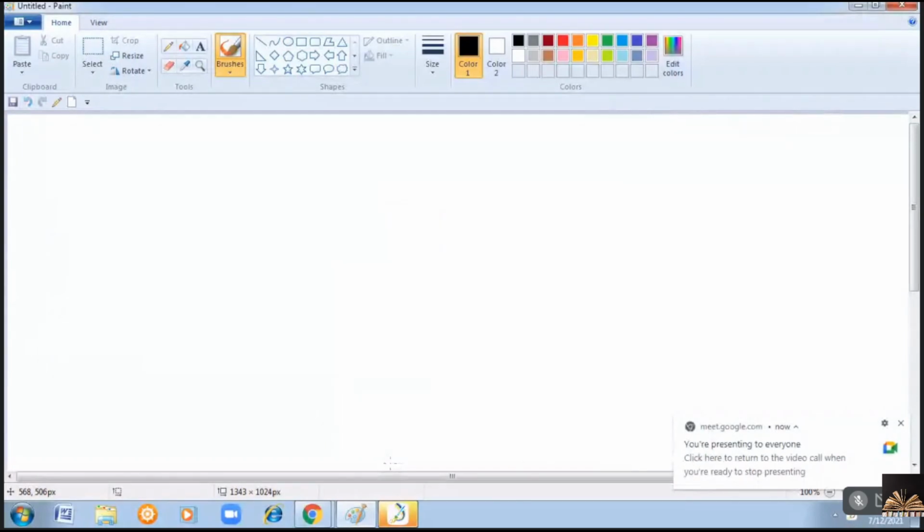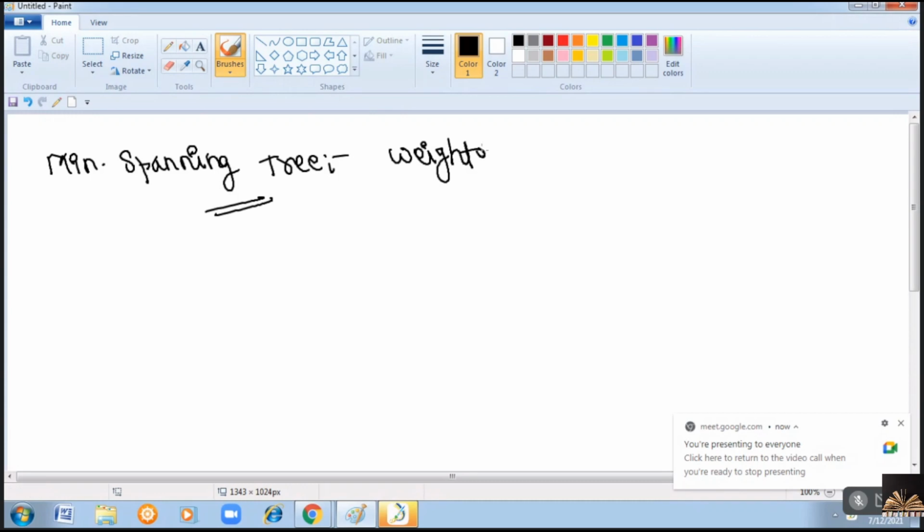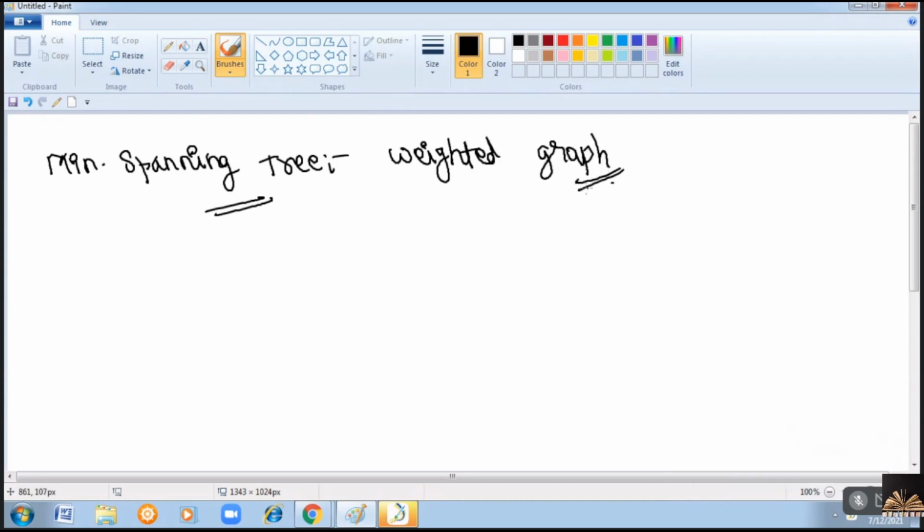And the last topic in this unit is minimum spanning tree. For minimum spanning tree, you'll be considering weighted graphs. How you produce the spanning tree, that we have seen, right?